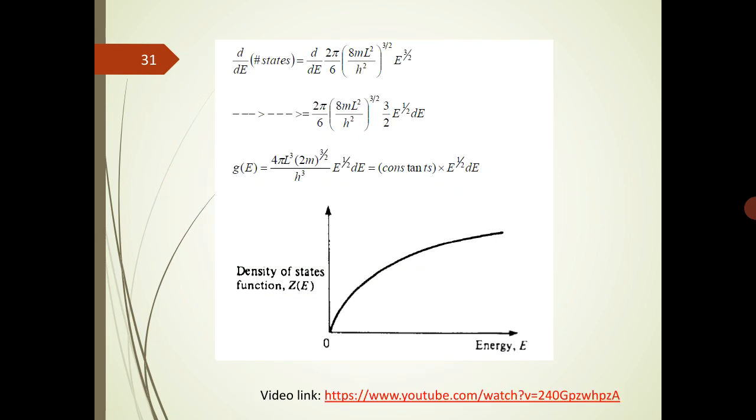The graph indicates that as energy increases, the density of states gradually increases and reaches a saturation point. So this is about the semiconductor statistics, density of states.